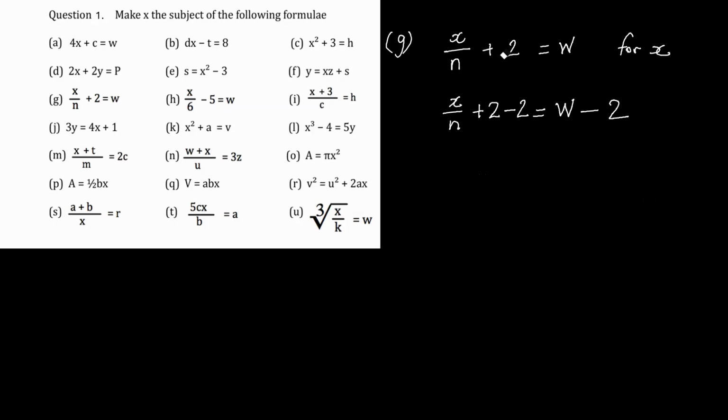It was plus 2, and to get rid of the plus 2, I minus 2. So my new line would be x over n equals w minus 2.